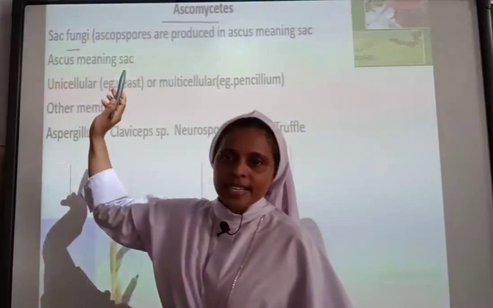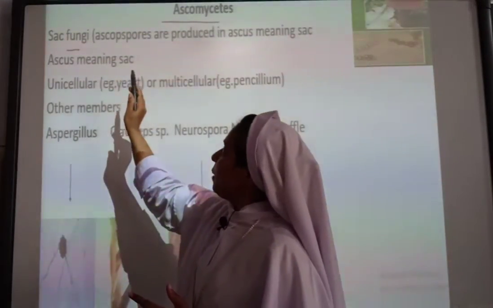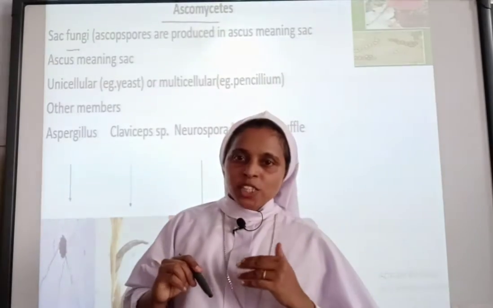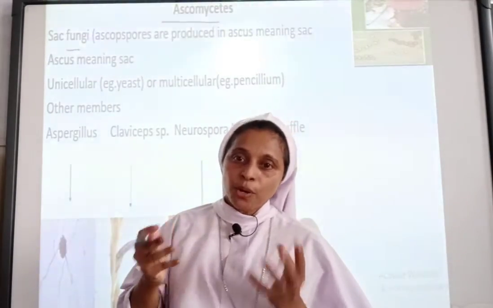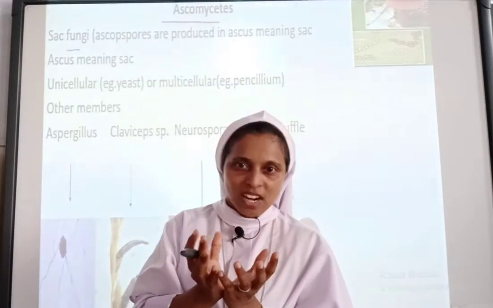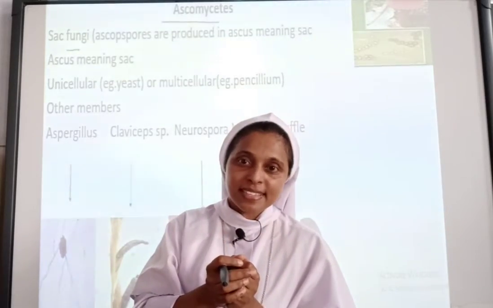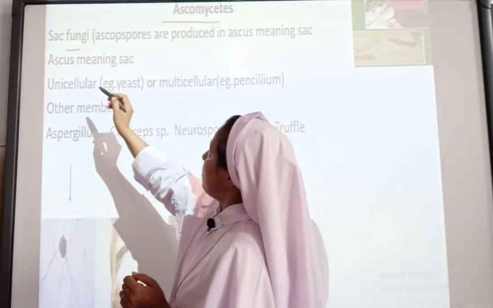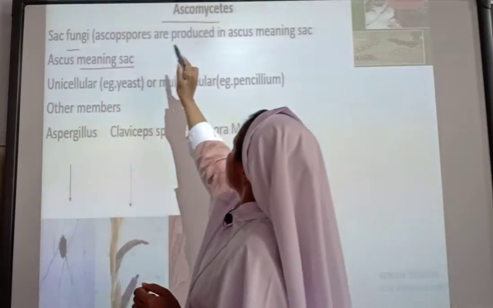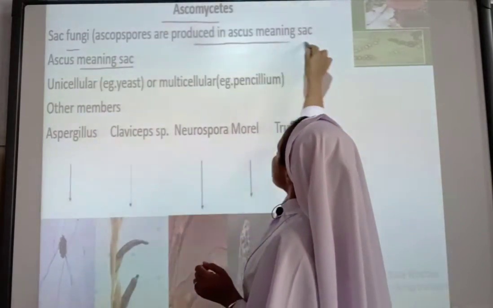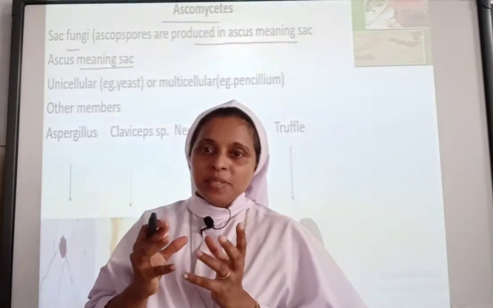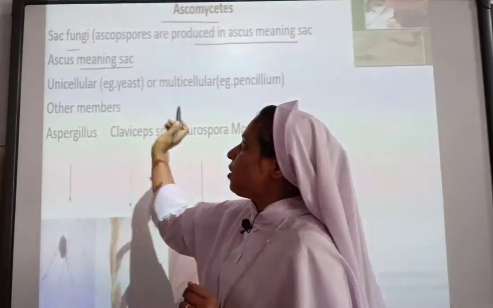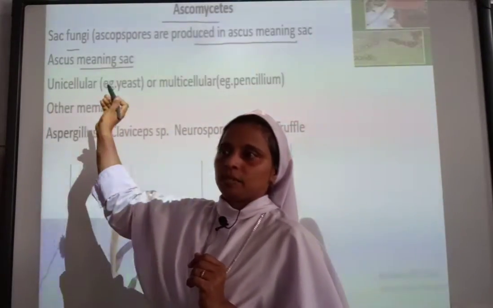They are called sac fungi because their sexual spores called ascospores are produced in a sac-like structure that is termed as ascus. Ascus means sac-like. That is the meaning of ascus.